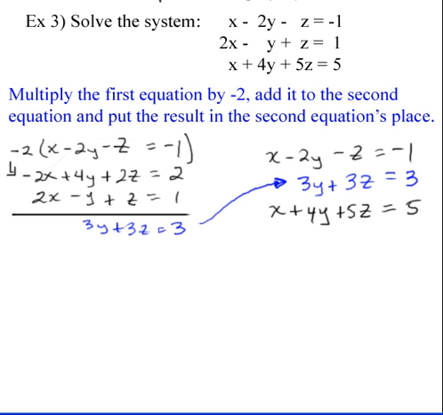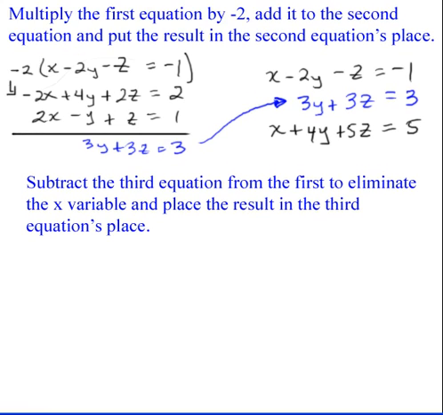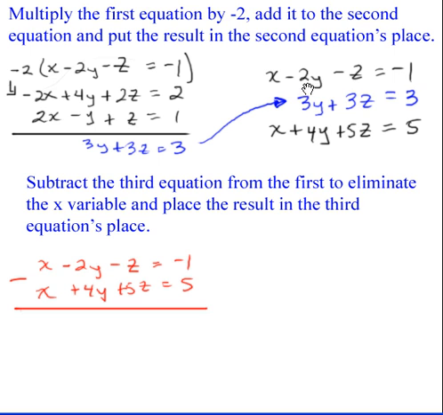So now, what we would like to do is take this first and third equation, combine them to drop out x again, so that the last equation will have y and z, and then we would eliminate the y. So we're going to do that by subtracting in this particular example. So let's take the first equation as is, x minus 2y minus z equals -1.